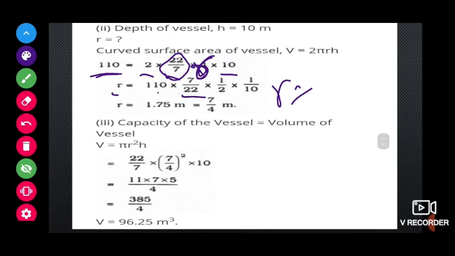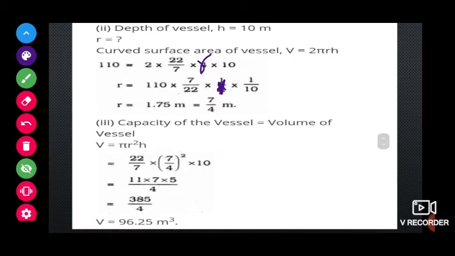Here 10, if it goes that side, divided by 10. Okay, now r is equal to, if we do the calculation, then we will get 1 by 2. It is not there. Sometimes like this, some typing errors will be there.